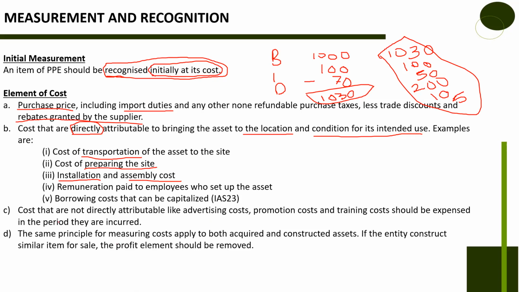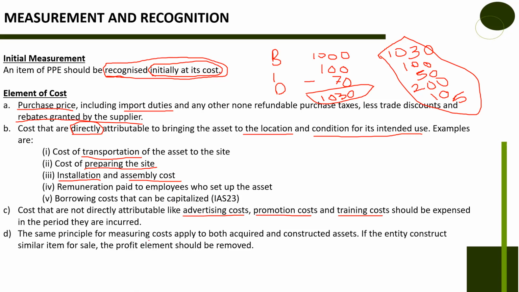Let's continue. Costs that are not directly attributable, like advertising costs, promotion costs, and training costs, should be expensed in the period they are incurred. These things are not directly attributable to bringing the asset to the location and into the condition for use.